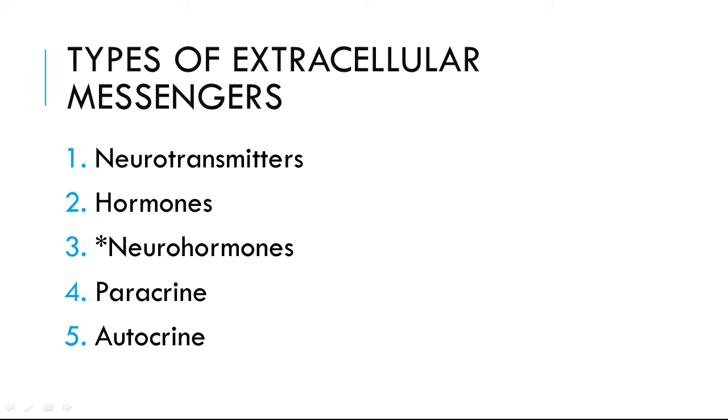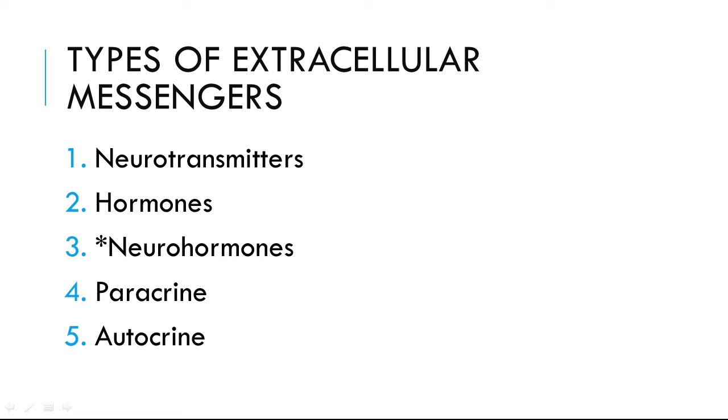The types of extracellular messengers used for intercellular communication include neurotransmitters, hormones, a word we haven't used yet called neurohormones, and then paracrine and autocrine signaling. The first three items we will use for the duration of the semester after introducing them in this chapter.